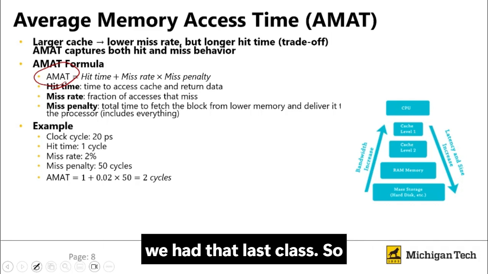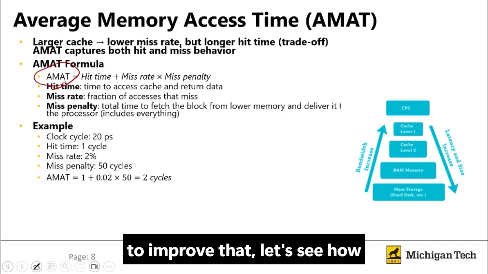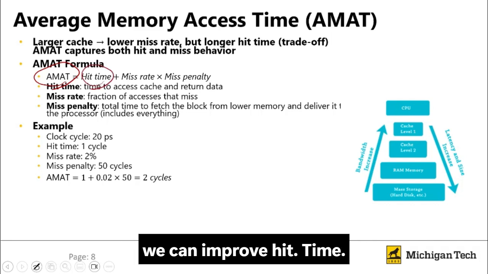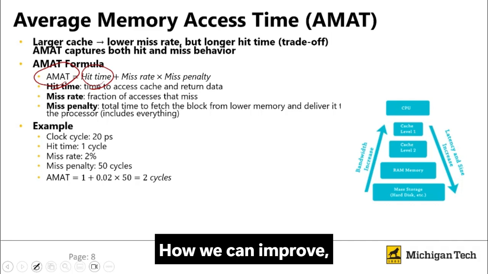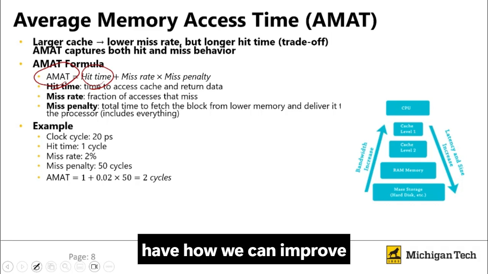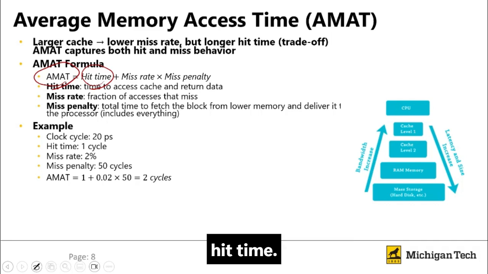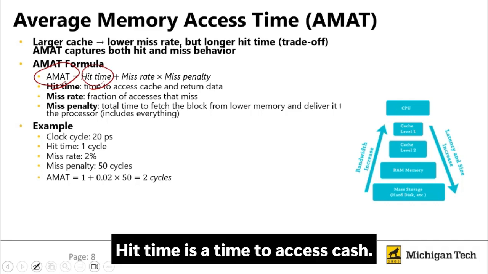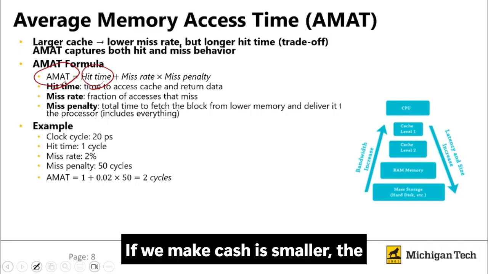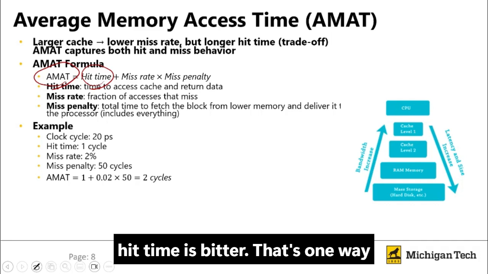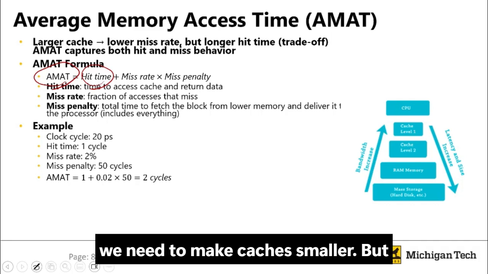So let's see how we can improve hit time. Hit time is the time to access the cache. If we make the cache smaller, the hit time is better. That's one way. We need to make the cache smaller.